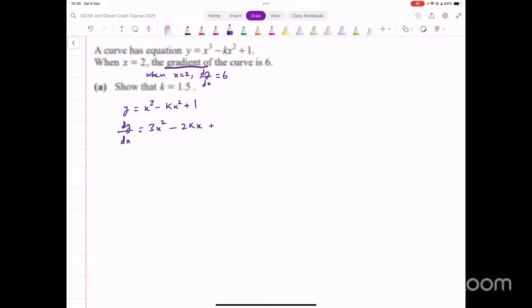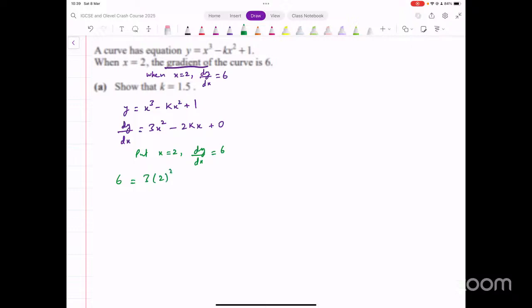Derivative of the constant is just 0. Now, they have given us that when x is equal to 2, dy over dx is supposed to be 6. So we are not always going to put dy over dx equal to 0. In this case, the dy over dx is supposed to be equal to 6, right? So we replace dy over dx with 6 here and replace x with 2.